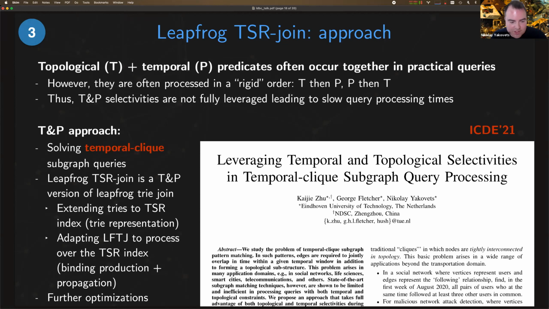And that requires us to change the indexing, so not using tries, using something else, and to adapt the actual leapfrog triejoin to process over this index and inject the predicates such that we can leverage full selectivity of topological and temporal constraints at the same time. And we also discuss a bunch of further optimizations.